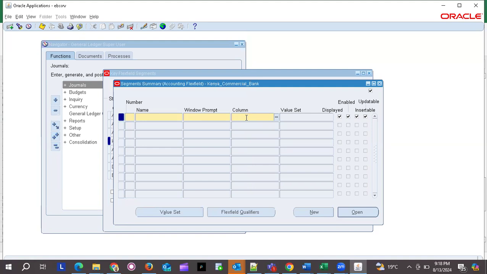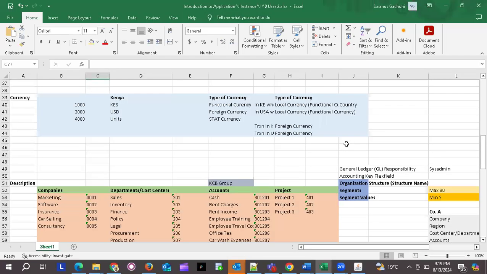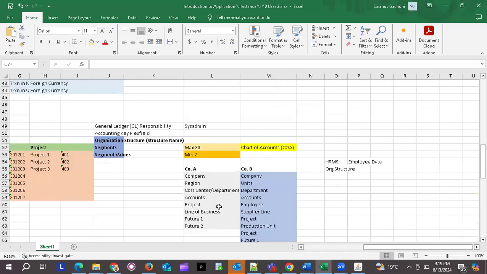If, for instance, we want segment 1 to be the company segment, we will not assign it to column 9 or segment number 3. We'll have to give it segment number 1. With that order, we will have created something that will look like this.